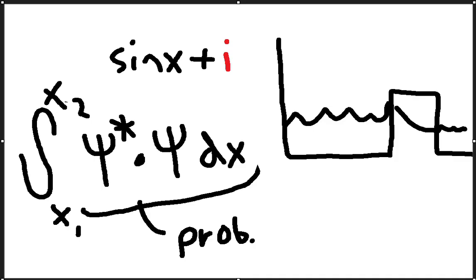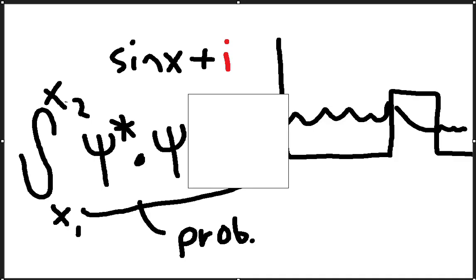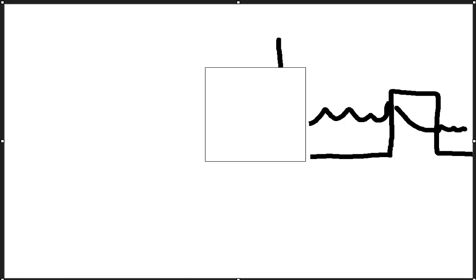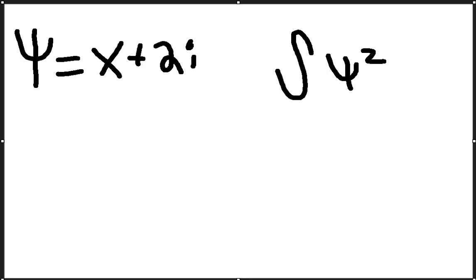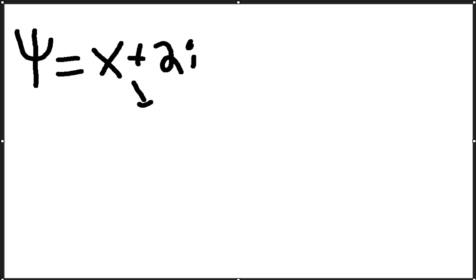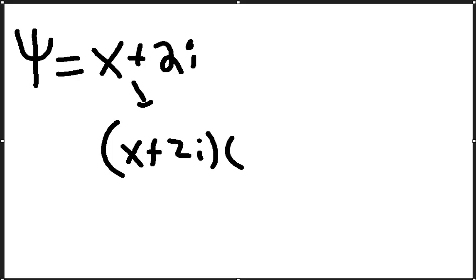If you need a little bit of help, I'll give an example. Let's say that psi, for some reason, is equal to x plus 2i. If we just take the integral of psi squared, we have to figure out what psi squared is. This would be x plus 2i times x plus 2i.